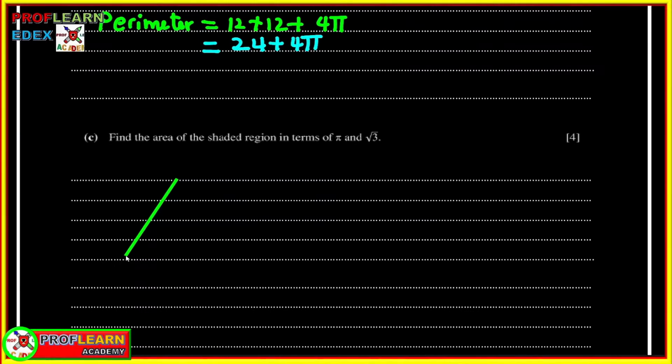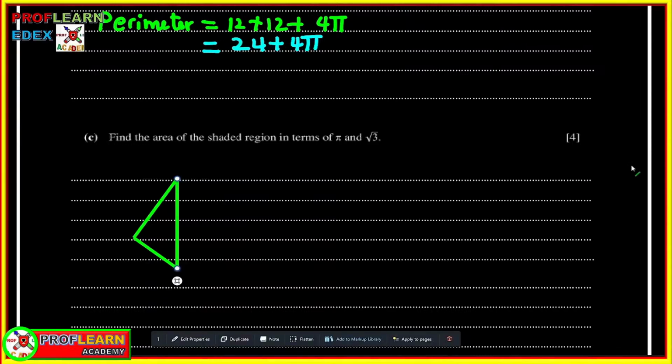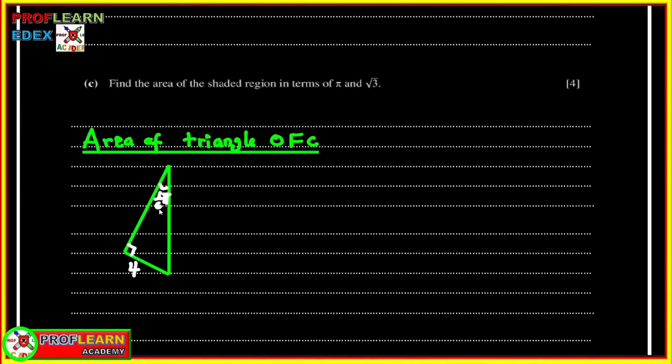Let me draw that triangle there. If I draw this triangle, I'll have 90 there, and then I'll have my radius 4 at that given point. So I can find the height of this triangle, because I'm going to use a half base times height.